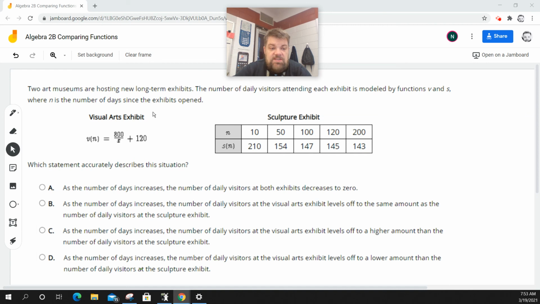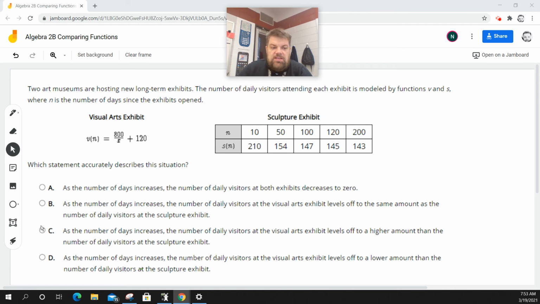So it says, as the number of days increases, the number of daily visitors at both exhibits decreases to 0. That's not true.